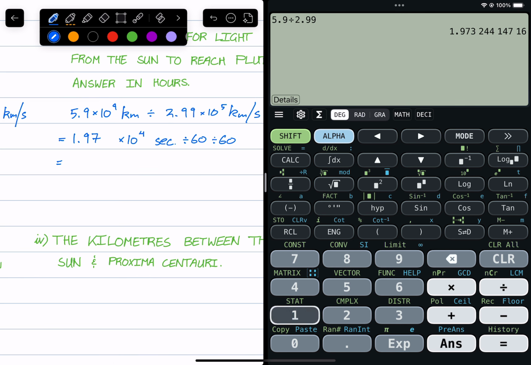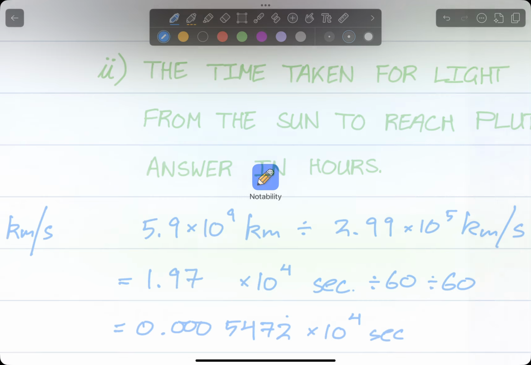So 1.97 divide 60, and we get 0.000547 recurring times 10 to the power of 4. Oh, sorry, that will now be in hours.